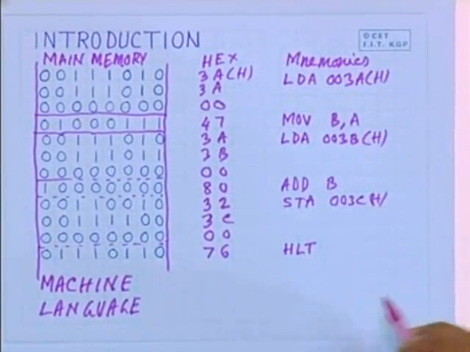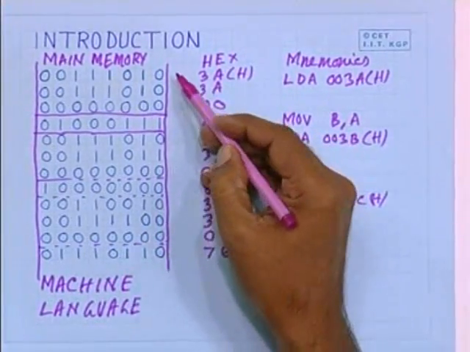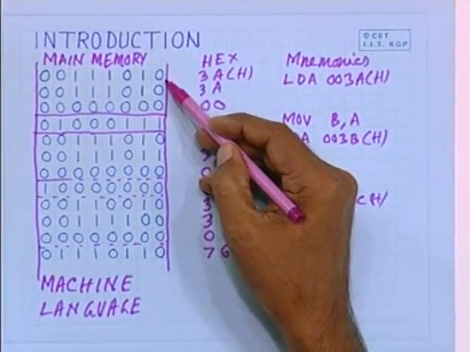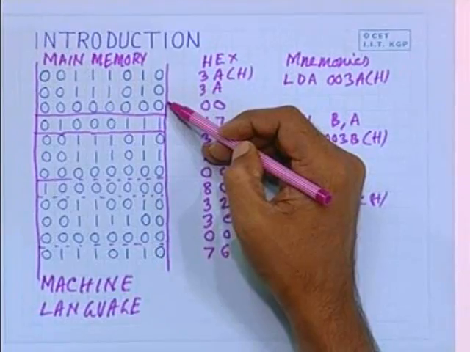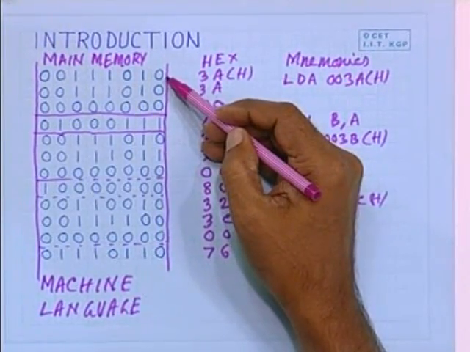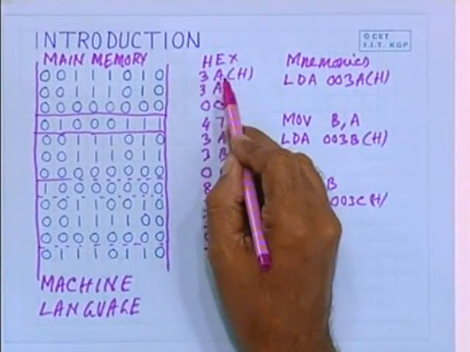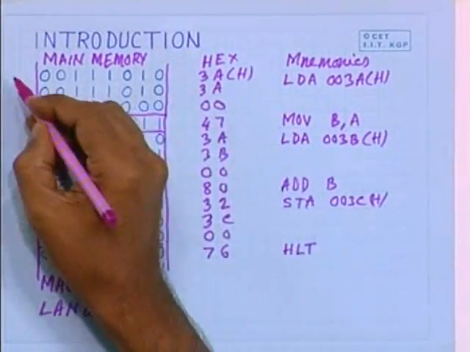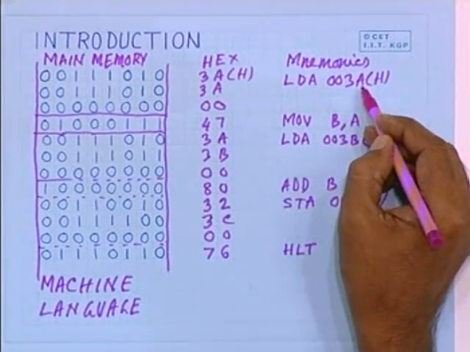This is necessary. Now, from this we can see that the instructions, as they are fetched one after the other from the memory locations, are interpreted by the microprocessor. Now, we can see 3A is the opcode. On the other hand, 3A is also part of the address. That means the same thing may represent an opcode, or some address or data.